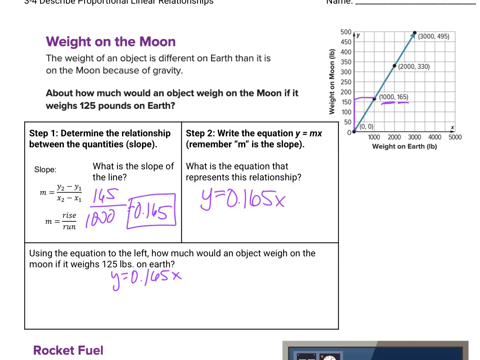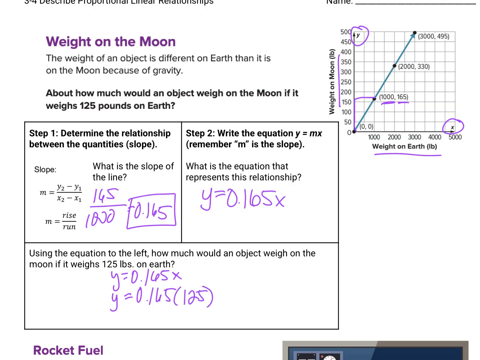Now we can do that by looking back up at our graph. So if I look to see here on my x-axis, that is the weight on Earth. On my y-axis, that is the weight on the moon. So I know that our weight on Earth is 125 pounds. So we're going to replace x with 125.